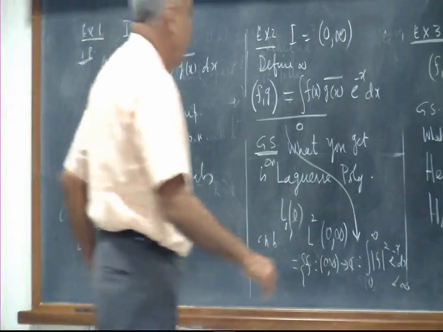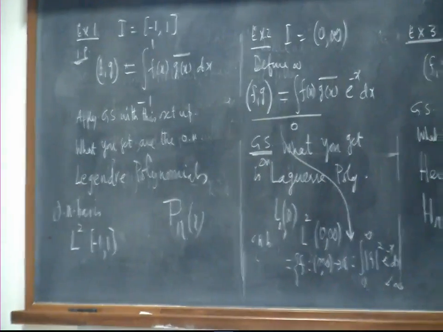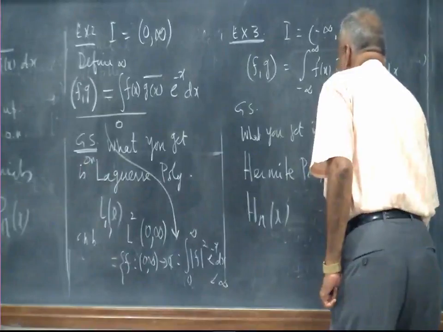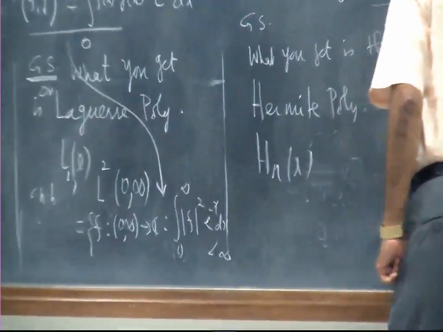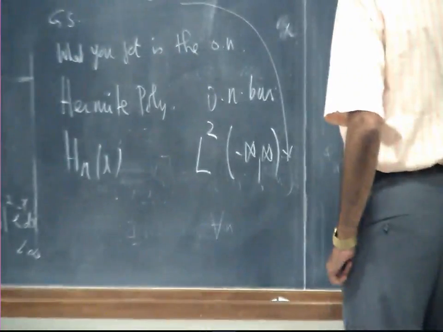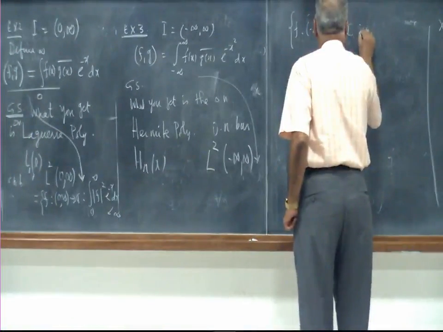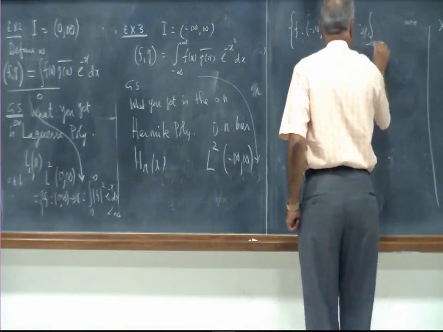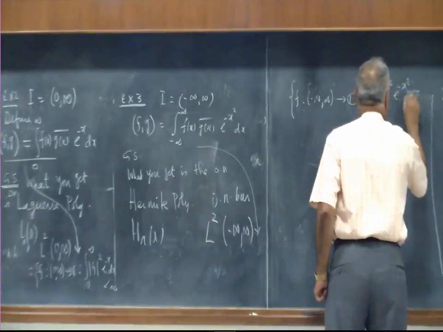And similarly, this forms an orthonormal basis in L2 of minus infinity to infinity with this inner product, that is the set of all functions mapping minus infinity to infinity to C such that the integral of mod f squared e to the minus x squared dx is finite.